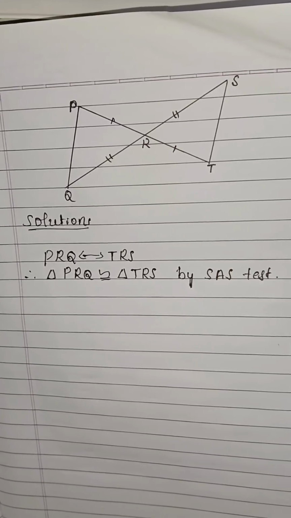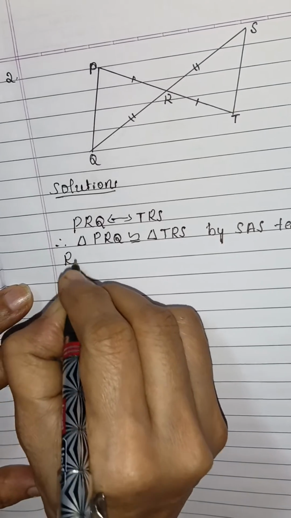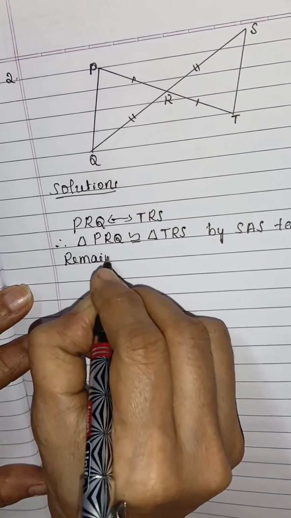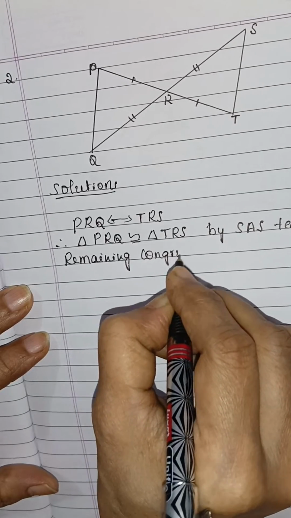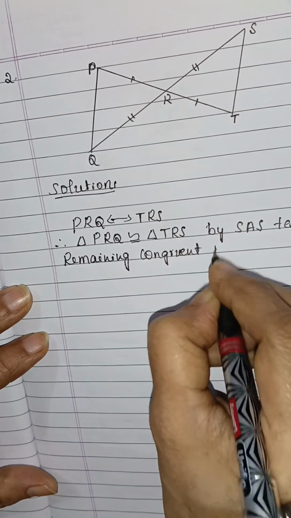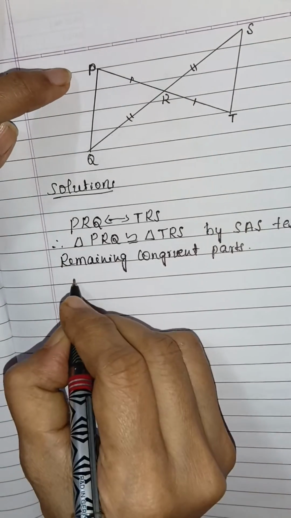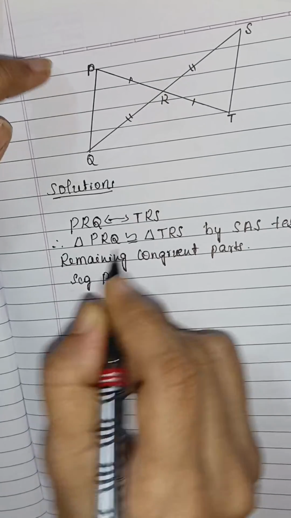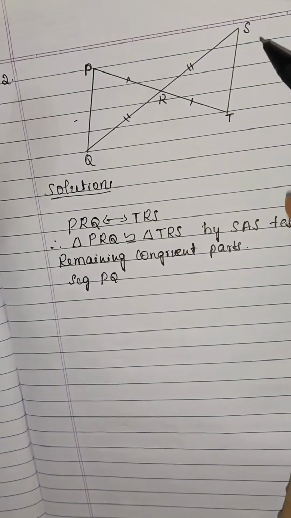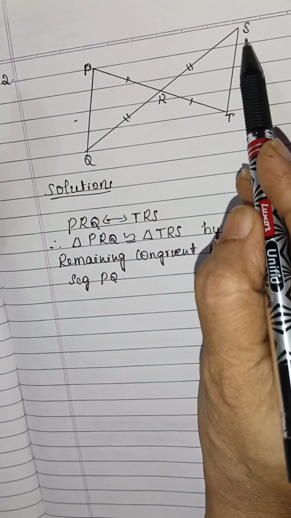Now remaining congruent parts. Segment PQ is congruent to segment ST because these are the corresponding sides of congruent triangles.